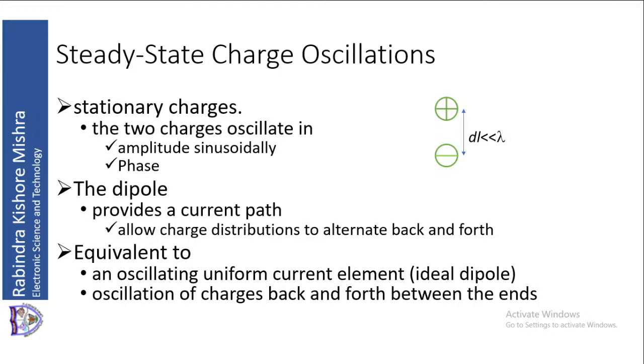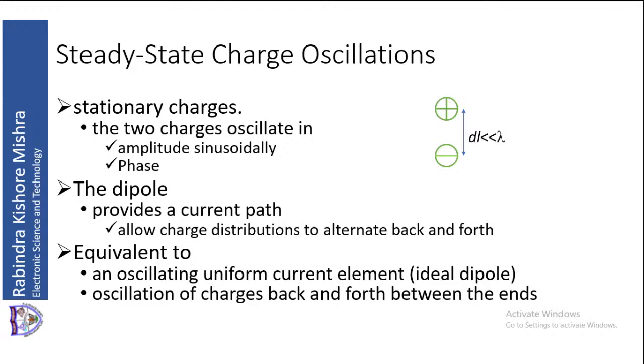Under that condition, let us see what is happening. The initial condition is that the charges are stationary. Stationary means they are not moving. Their position is fixed. From that point we start.